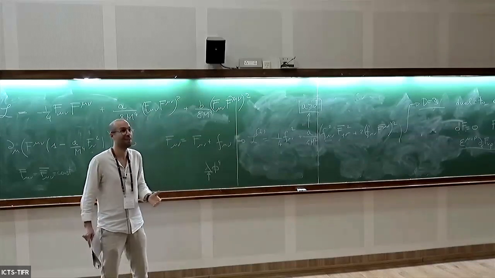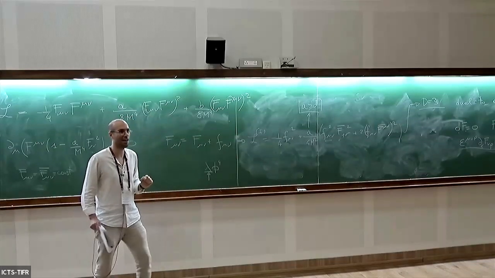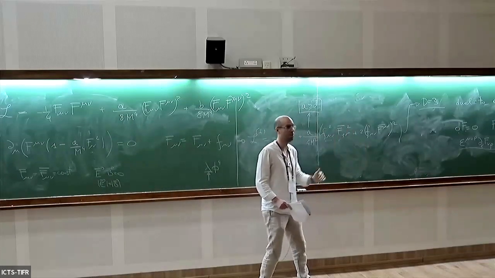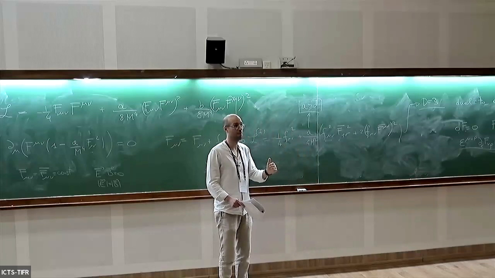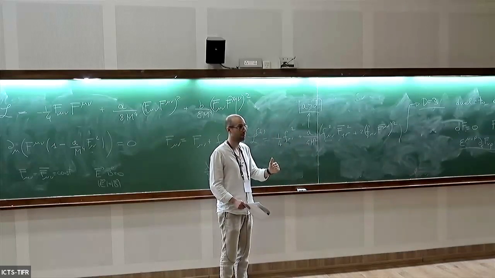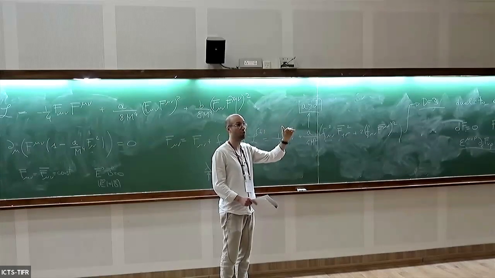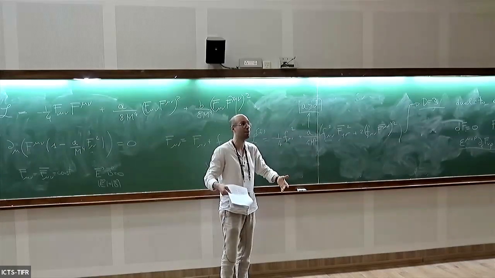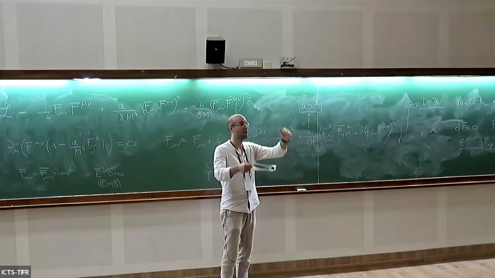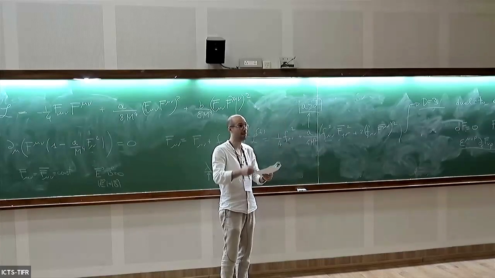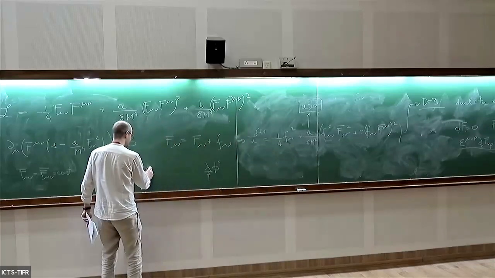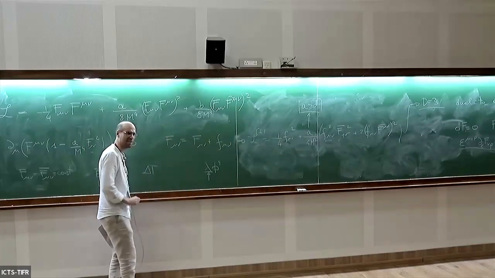Take QED coupled to gravity, with the Landau pole of QED much below M Planck. It's not our world's QED, but you can change the coupling so you lower the Landau pole below M Planck. In that case, you can get a time advance.